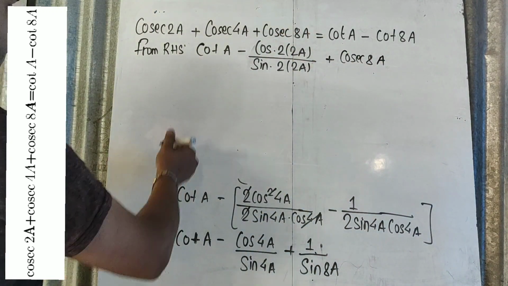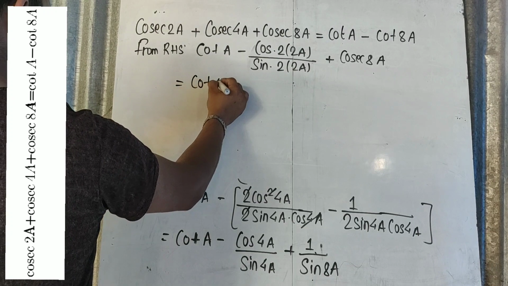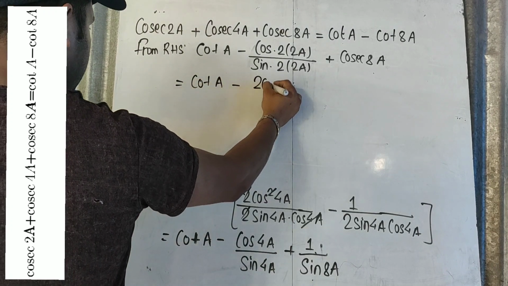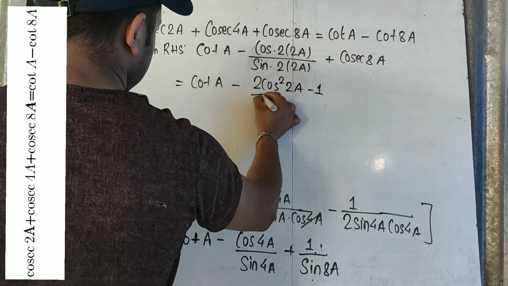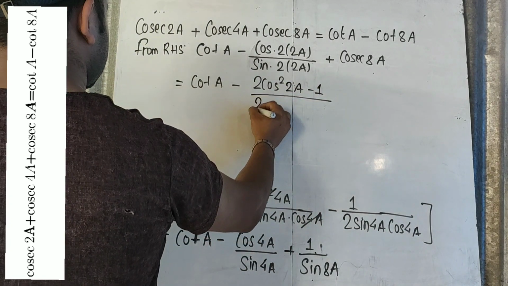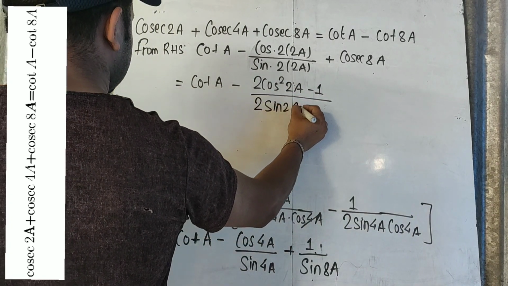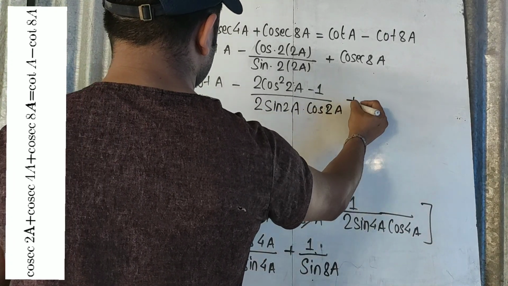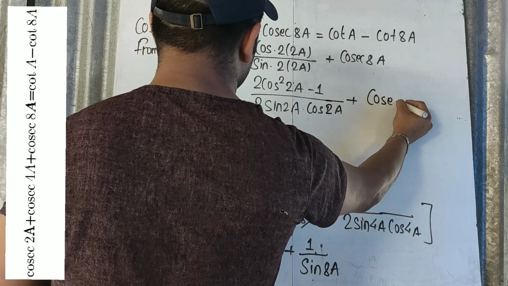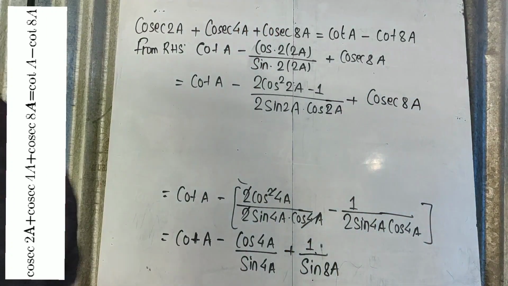Now we repeat the same procedure. Cot a, cos 2a is 2 cos square a minus 1, sin 2a is 2 sin a cos a, plus cosec 8a as it is.